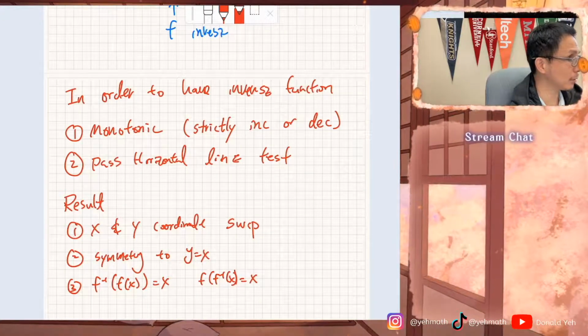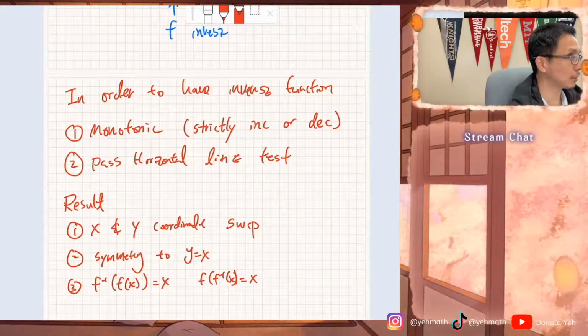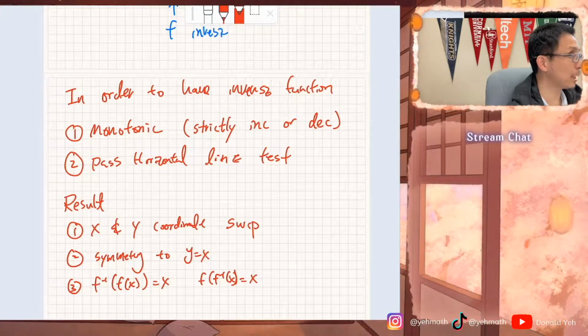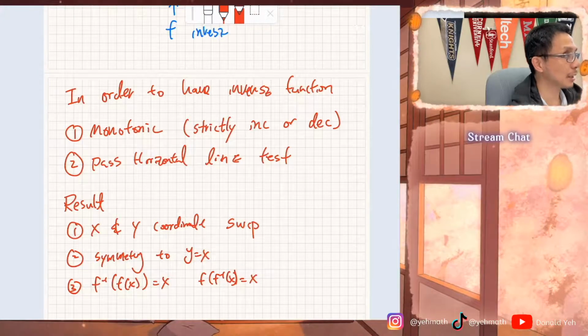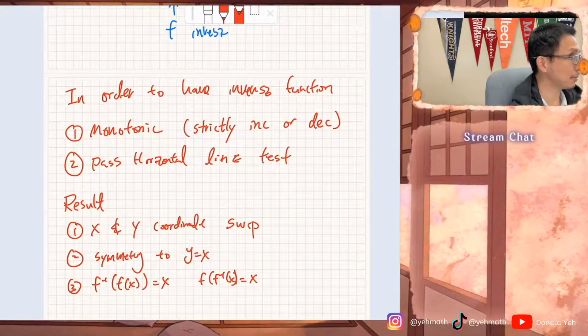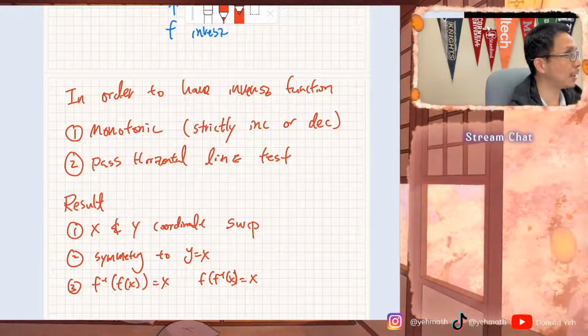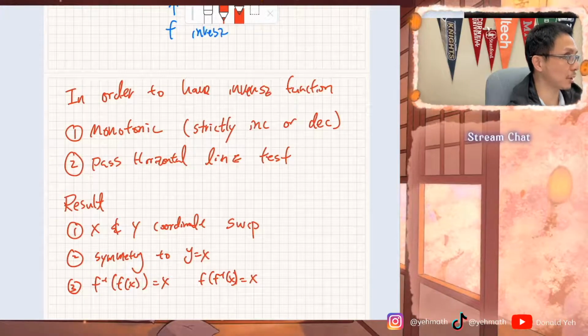Now, the inverse function is like an anti-machine, right? What I mean by anti-machine is like this. If a function is a slicer, and you take any fruit in there, it will just slice it for you. That's the function of the machine.